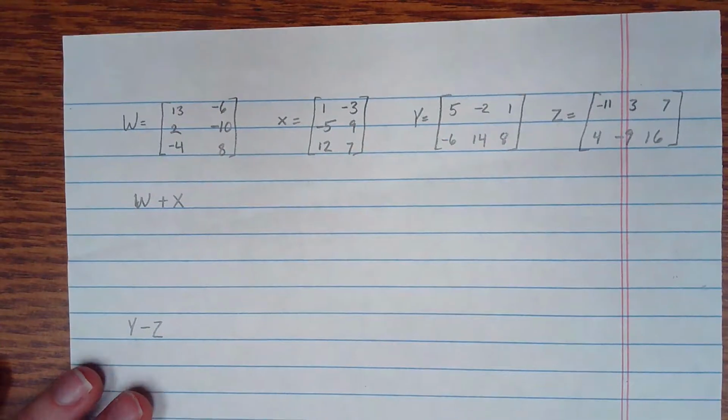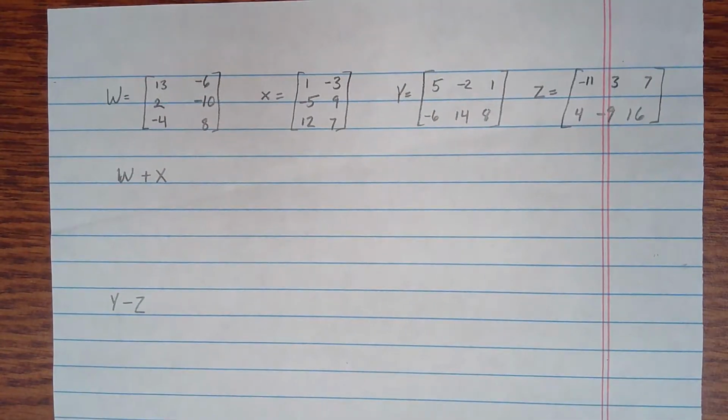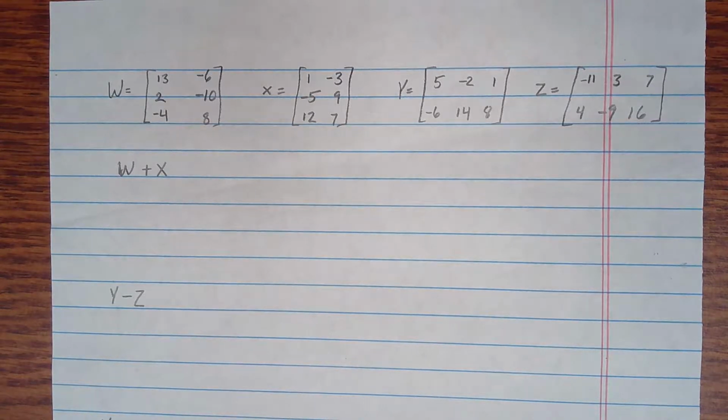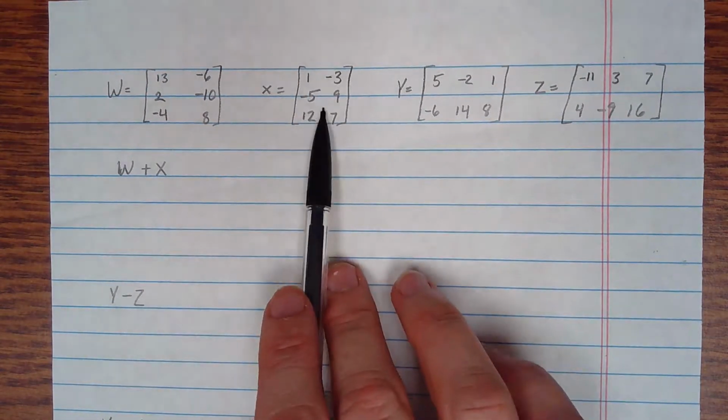Okay, so I want to work through some problems here with addition and subtraction and some multiplying by scalars, and we'll actually solve an equation using this. So, starting off here, I need to take a look at these values.